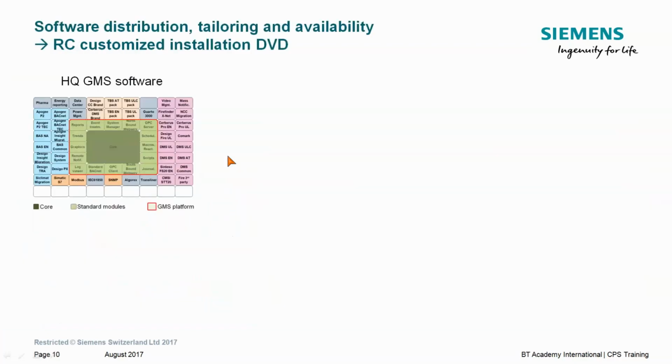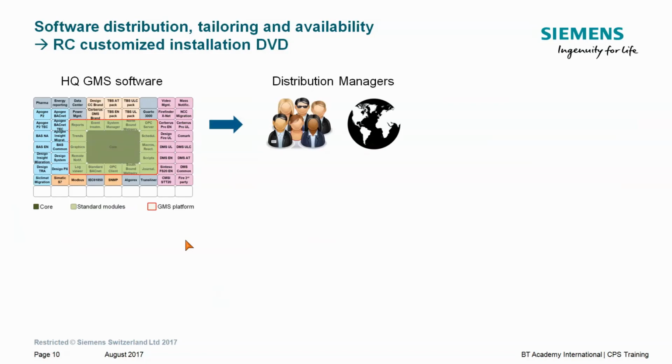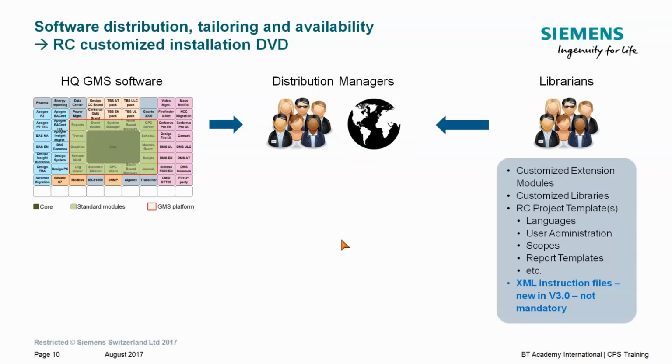So how do we get the software? If you would like to install software, obviously we need to have the software available. The process is the same as we know it from version 2.1. So headquarters delivers the software package to the distribution managers worldwide, and the distribution managers together with the librarians will tailor the software.